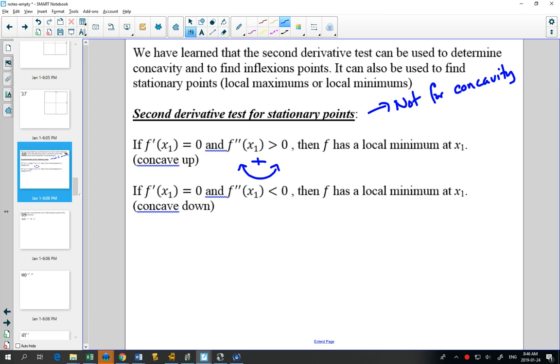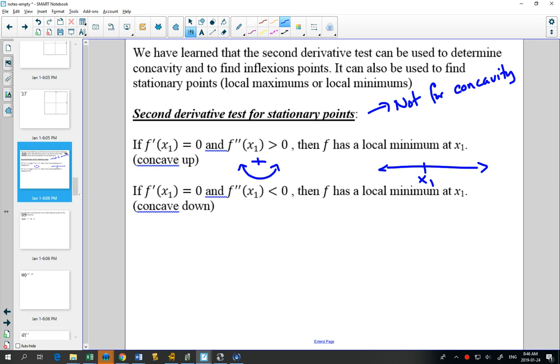That means it has to have a minimum. So a little explanation based on what we've done so far. If you found your first derivative test and found out that at x1 it was equal to 0, you would do your number line. Normally then you would do your arrows, but let's say for whatever reason you didn't do your arrows to find out that it's a minimum.